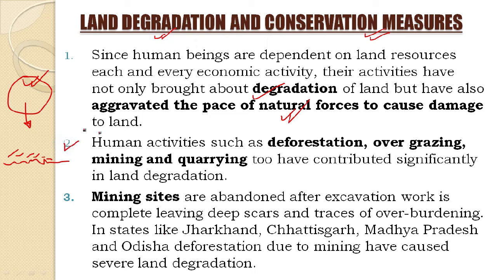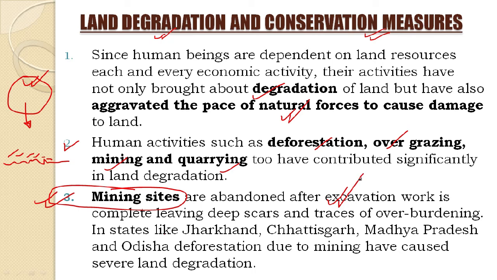When we come to the second point, we see human activities such as deforestation, overgrazing, mining and quarrying to have contributed significantly in land degradation. Now let us learn topic wise. We have seen mining sites are abandoned after excavation.